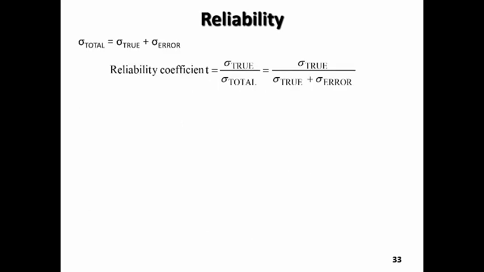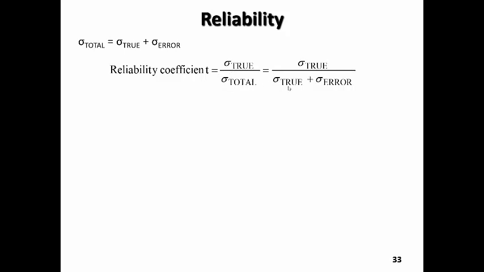And so to understand reliability, we have different measures of reliability coefficients, and essentially the reliability coefficient is a ratio. And it's a ratio between the standard deviations, or the sigmas, of the true score divided by the variability of the total score.